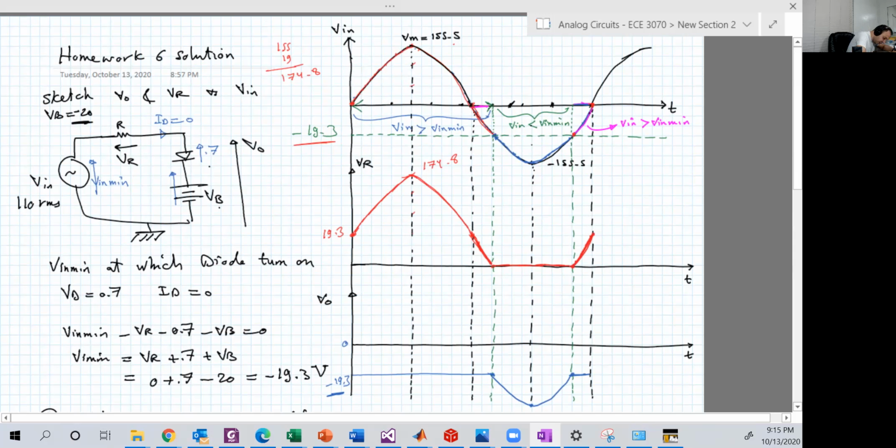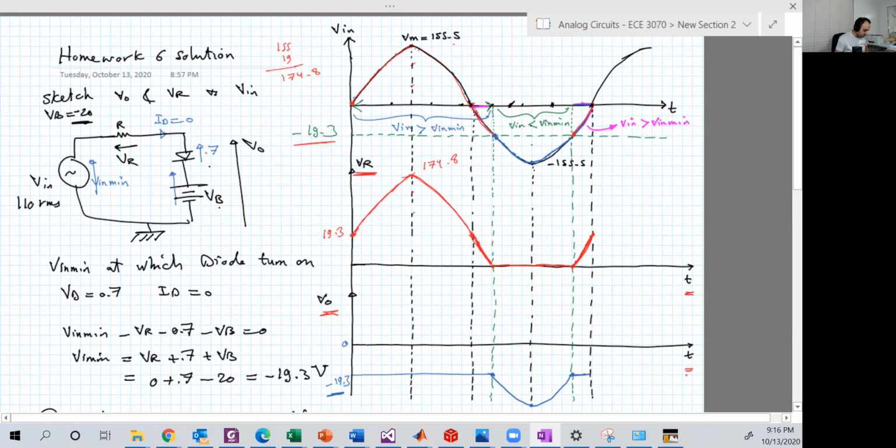So basically, you take this part and shift it up by 19.3. And of course, what happened in the first cycle will happen in the second cycle, third cycle, and so forth. Okay, so this is VR, and this is VO. One is above the 0 line, and one is below the 0 line.